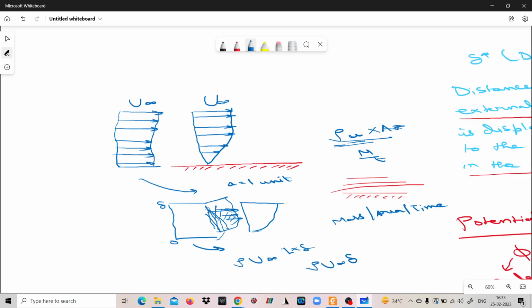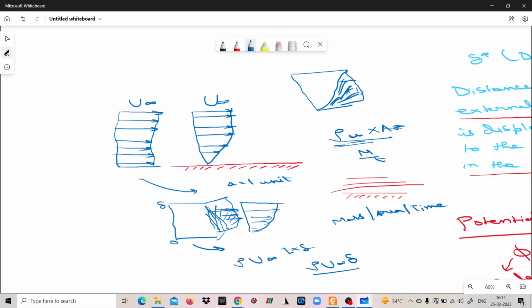But if you calculate the same mass flux for this distribution, do you think it will be the same value? No, because it is something like this. This is the rectangle, but for this entire portion the flow is not there. The flow is something like this. So this much portion is lost because of the formation of the boundary layer.